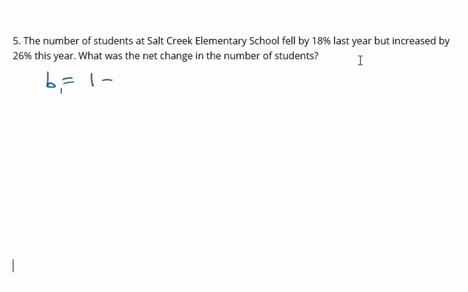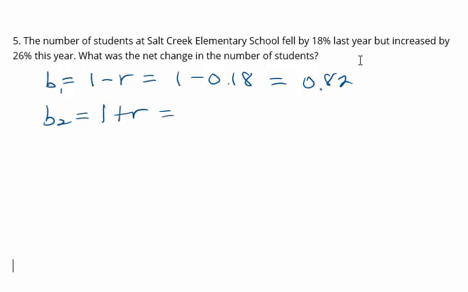So we would use 1 minus R, so 1 minus 0.18, or 0.82. And then the next year it increased by 26%. Because it was a percentage increase, use the 1 plus R formula, and that's 1 plus 0.26, or 1.26. Now we're going to multiply these together.